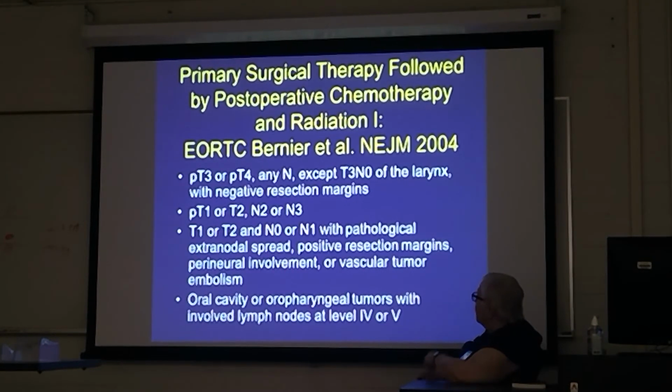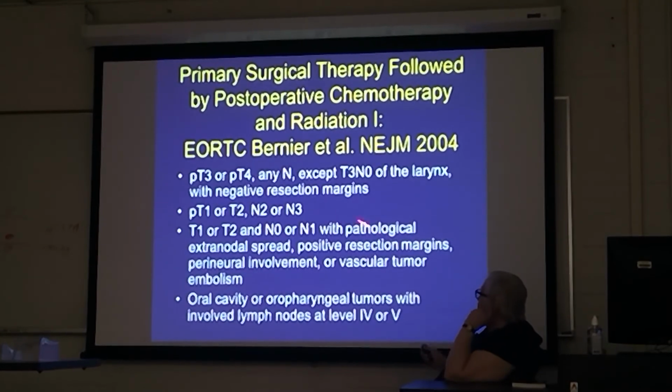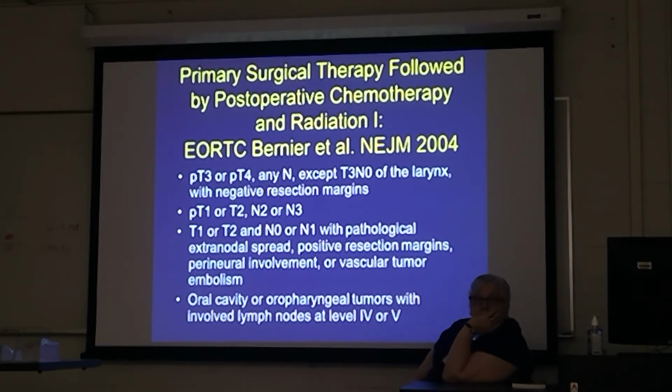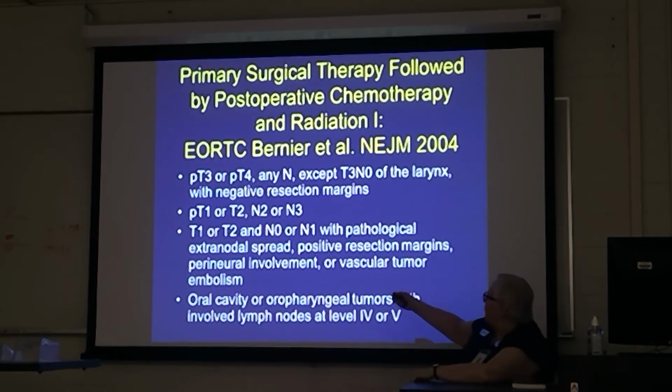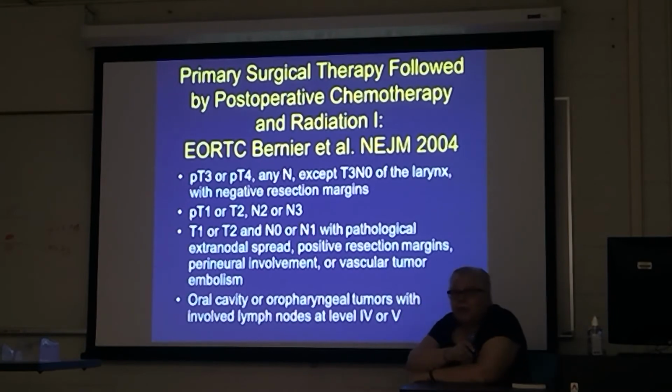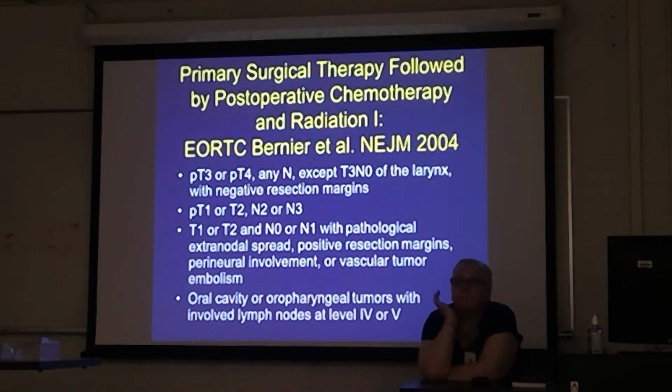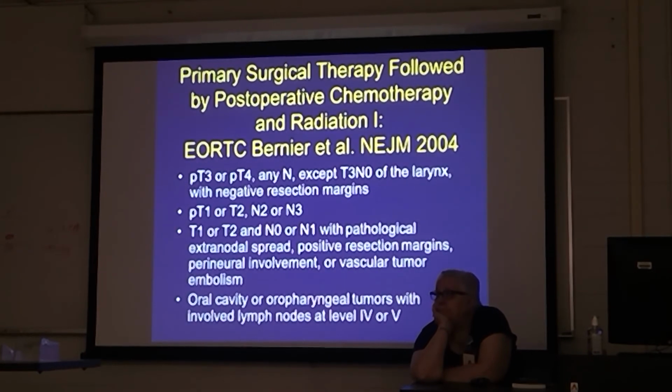So extranodal spread, what does that mean? So we have N0 or N1, pathological extranodal spread and positive resection margins. Nodal spread would give us N0 or N1, probably N1 if you have nodal spread. What's extranodal spread? Where might it have spread?